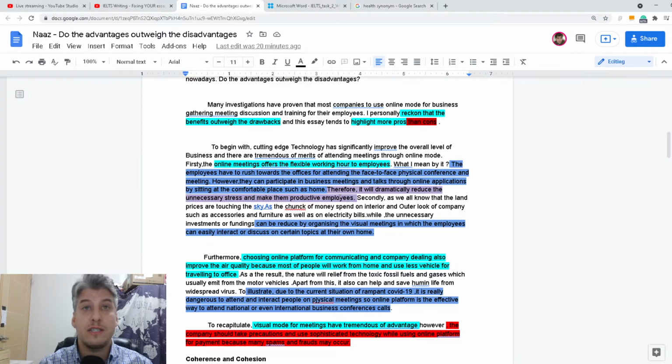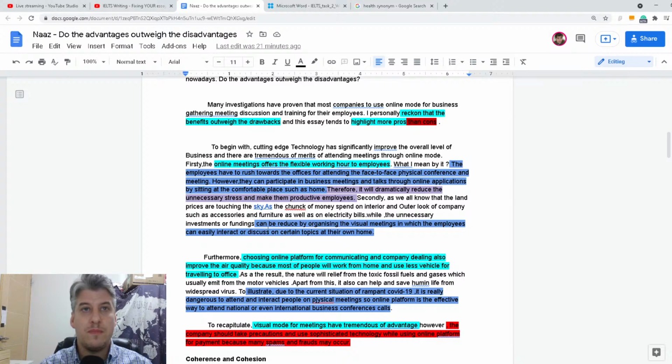He then goes on to say, "therefore it will dramatically reduce the unnecessary stress and make them productive employees." Again, this is really linking to the idea that it's a benefit. So everything so far is working well. Then we go on to the second point where, to be honest, he lost me a little bit with the wording.